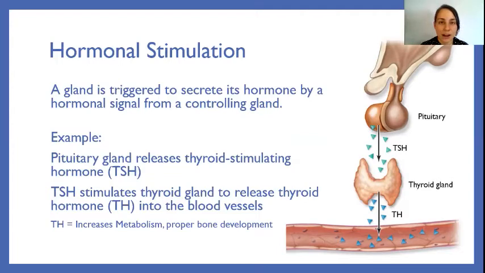Now that's going to travel through the body and regulate your metabolism. So here, the thyroid gland in the throat is not the one deciding when to release its hormone. Instead, that's controlled by the pituitary in your brain. So it's kind of like the in-between. But your thyroid is told when to release hormone by a hormone being released in the body.